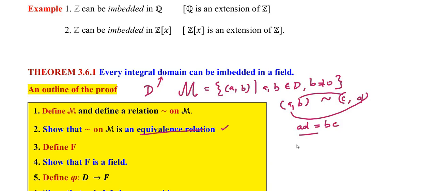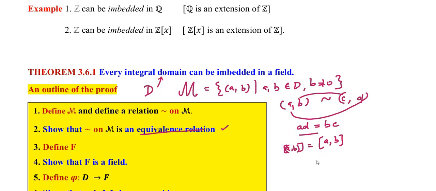And then whenever we have an equivalence relation, we can talk about equivalence classes. The elements of script M are denoted as ordered pairs (a, b), and the corresponding equivalence class, strictly speaking, should be represented differently, but it is given in the text like this.